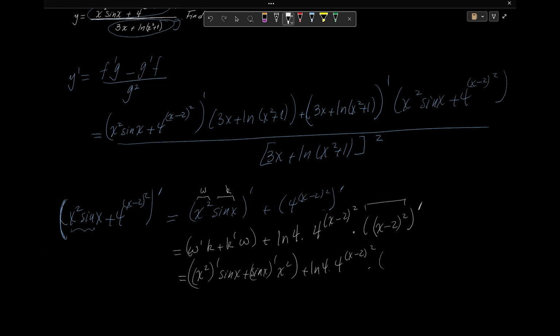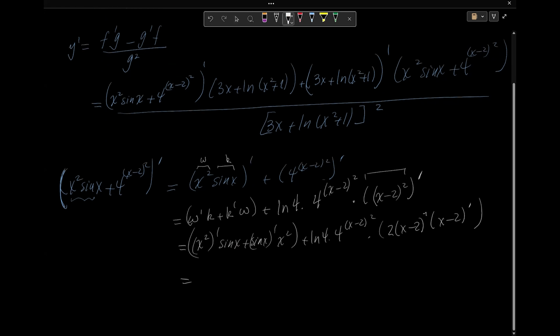Here we have a function of x to a power. So the derivative is drop the power to 1 less power times the derivative of that thing. So we have x squared, derivative is 2x sine x.